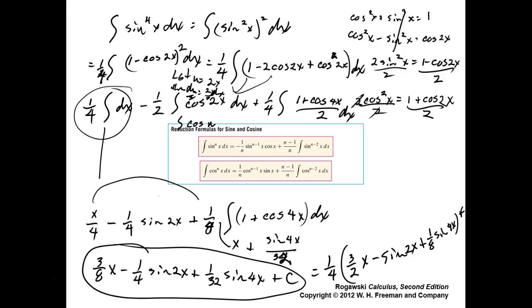And then they rewrote it. They went back from the double angles and fourth angles to sines and cosines.